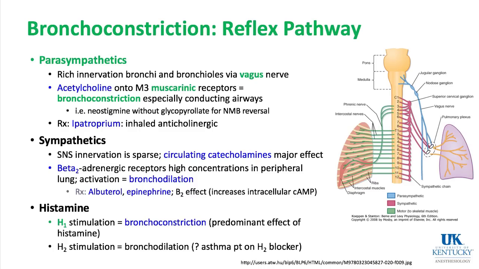This increased intracellular cyclic AMP occurs from the B2 effect, and bronchodilation is the end result. Histamine also can cause bronchoconstriction via the H1 receptor. And the major point of this keyword was that the reflex pathway for bronchoconstriction is the parasympathetics via the vagus, muscarinic receptors, and that acetylcholine is the mechanism.